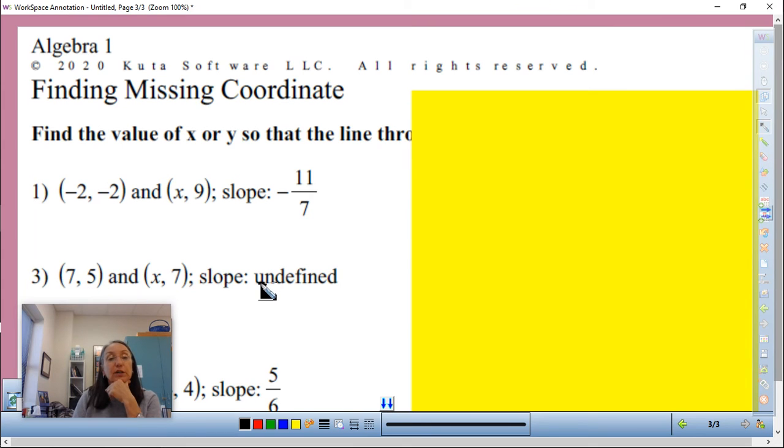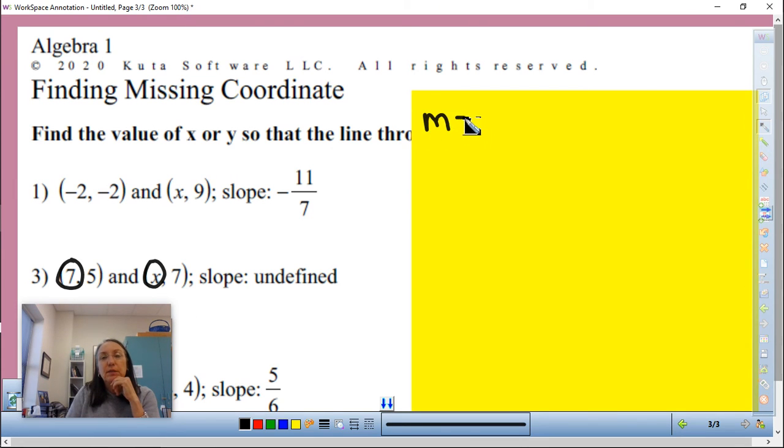All right, so undefined, remember, are vertical lines. And in vertical lines, all x's are the same. So this one we figure out just because we know definitions. All the ordered pairs in a vertical line, the x values are the same. Let's do this one together.